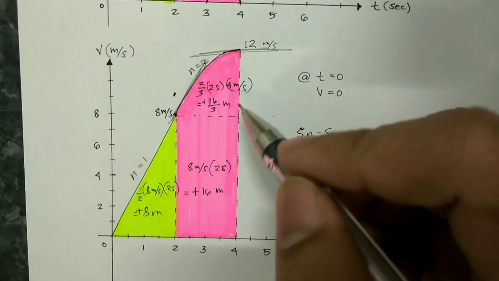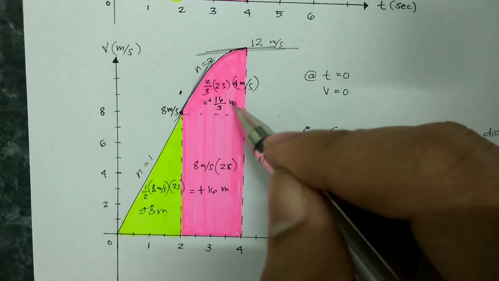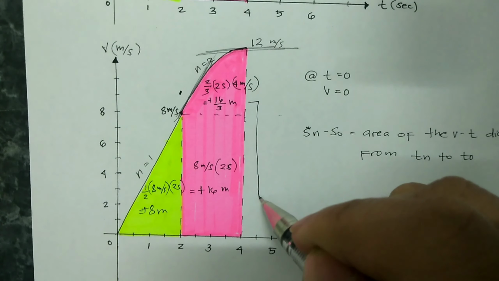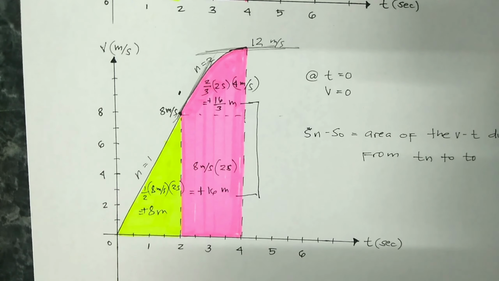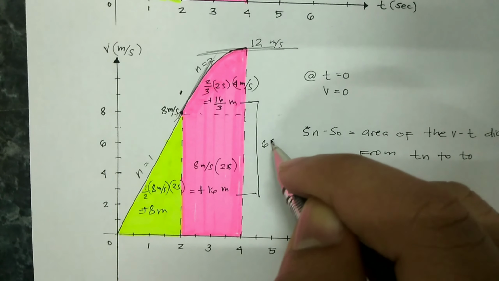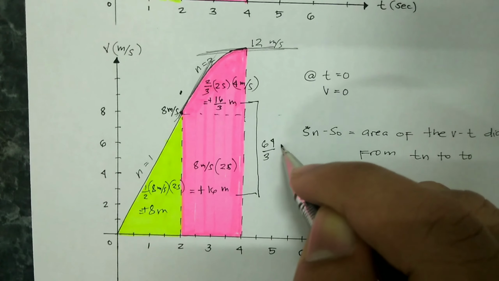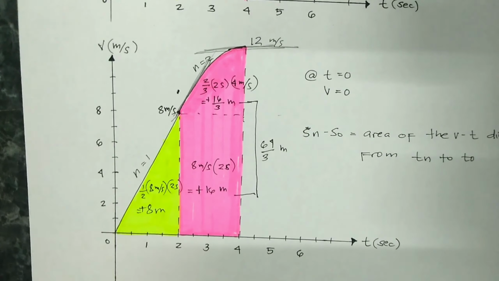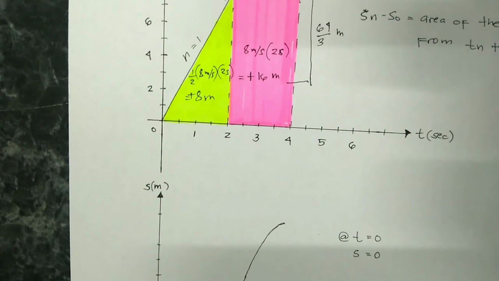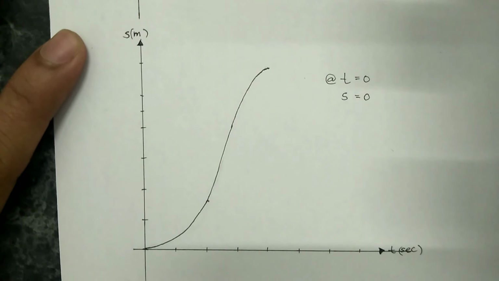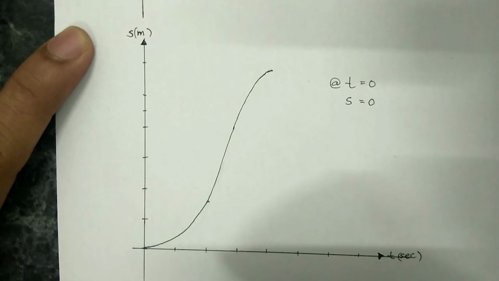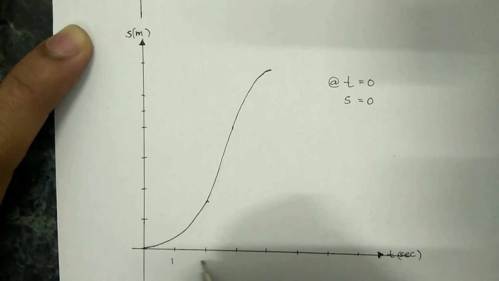Next, we add these two values for the change in the position of our object. That is 16 plus 16 thirds, and that is equal to 64 over 3 meters. We are now ready to plot the position time graph. This is 1, 2, 3, and 4 seconds.